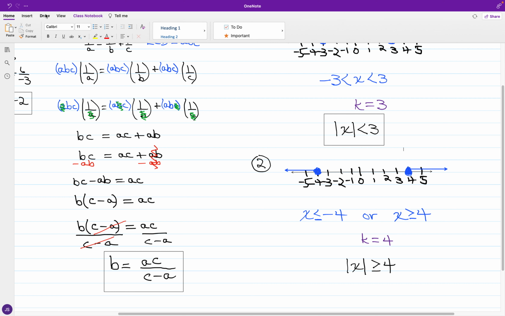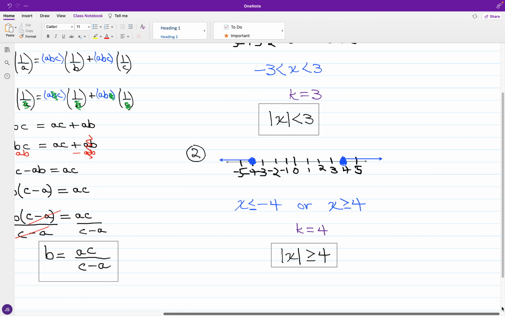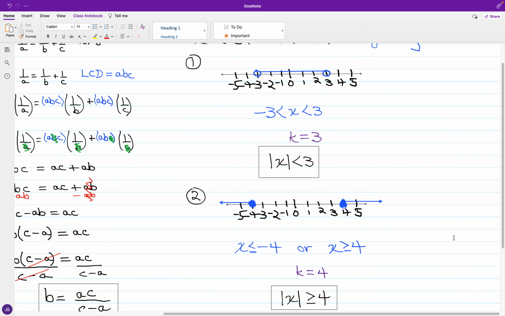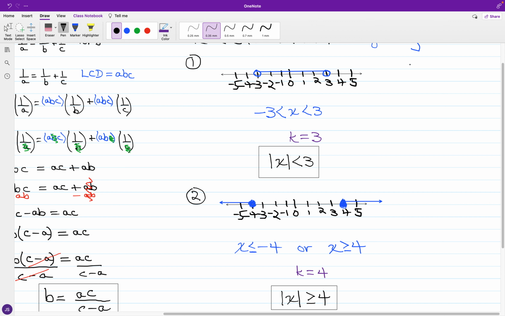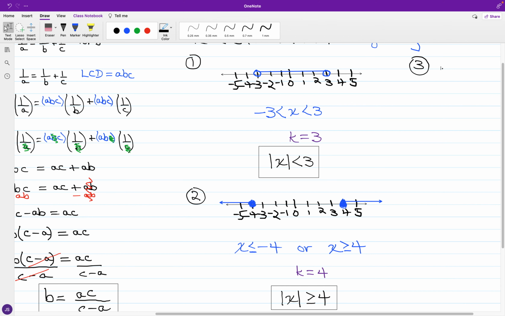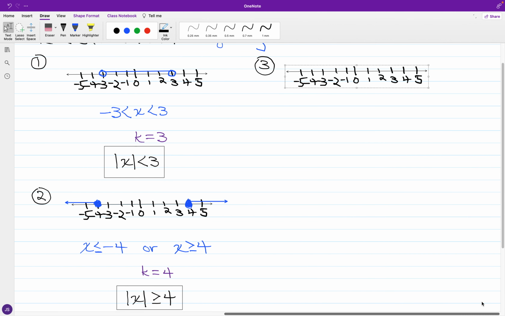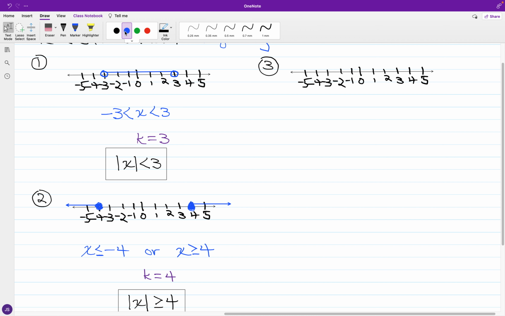So for the first two cases, the k values are automatic. But let's say I change things up a little bit, and let's say for the third case, and we'll say this time around, let's say I have just closed points here.